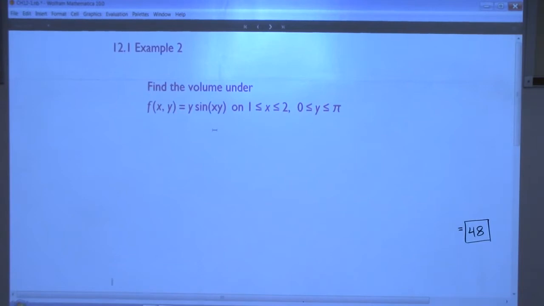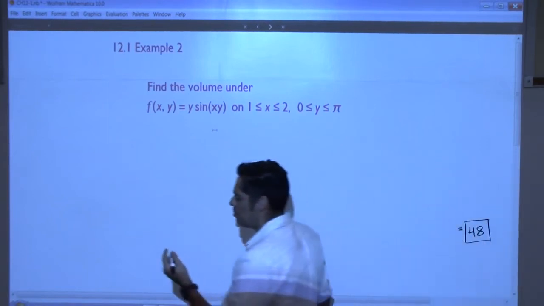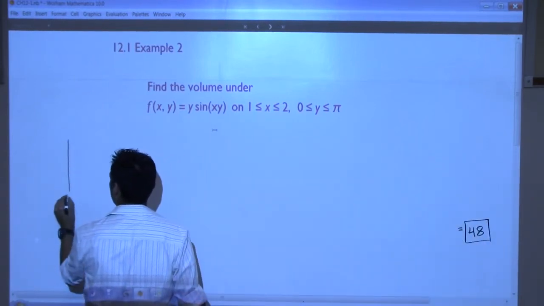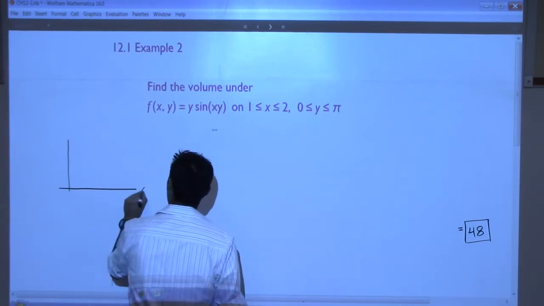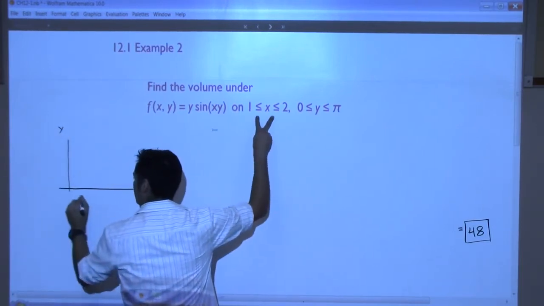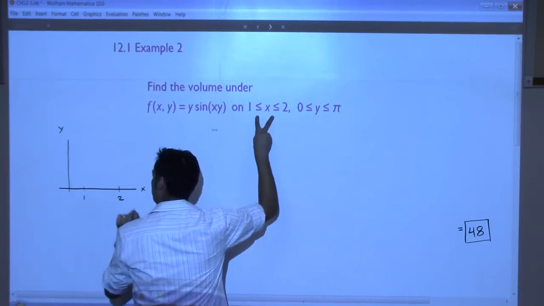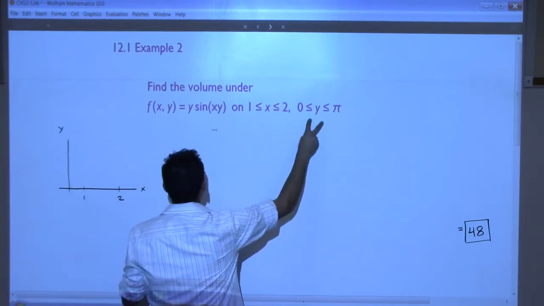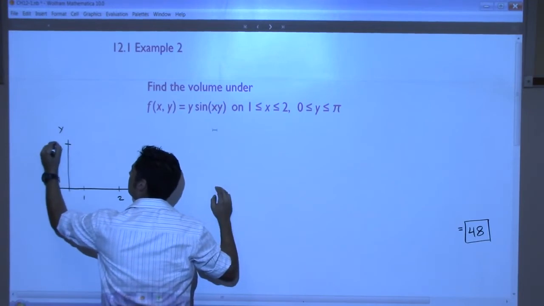This is really almost the same exact sort of setup, isn't it? I'm going to draw the domain over here. This time it's not 0, 2, 0, 2, so it's a little more complicated. X is between 1 and 2, so that's 1, here's 2. And the y value is between 0 and pi.